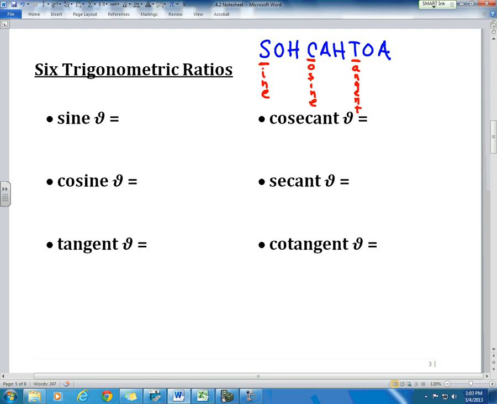And the OH is opposite. H, hypotenuse. I'm going to run out of room here. A is adjacent.